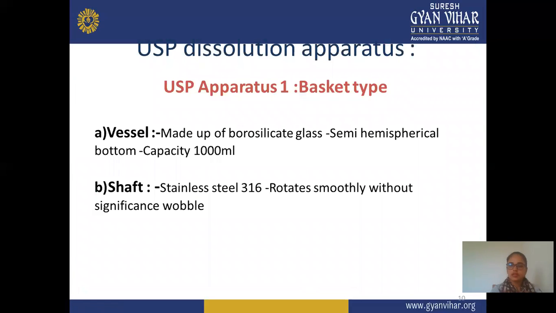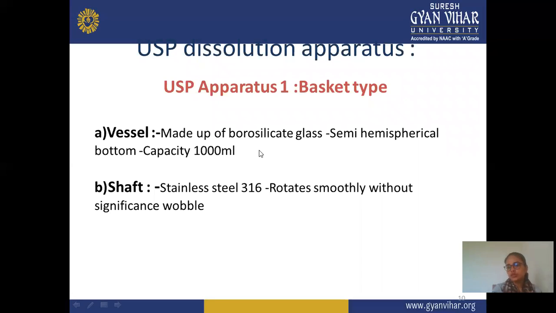Now we start the apparatus one by one according to their types. The first type in USP is the basket type, or USP apparatus 1. In this, the vessel is made from borosilicate glass with a semi-spherical bottom, and the capacity is 1000 ml.